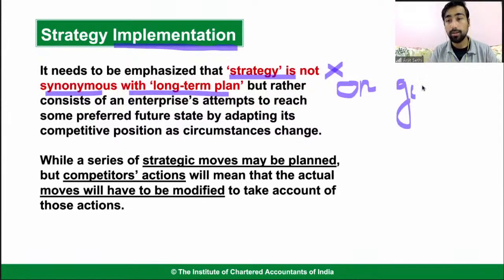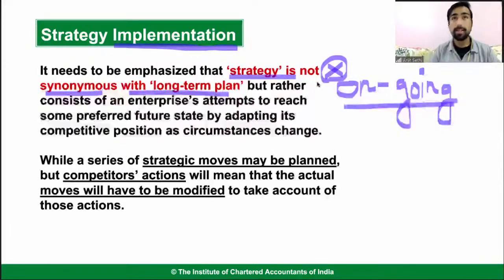Keyword, right? Your strategy is an ongoing activity. It is not a one-time long-term plan. It is an ongoing, always active activity, right? That a business has to do. While a series of strategic moves may be planned, but competitors' actions, right, will mean the actual moves will have to be modified.